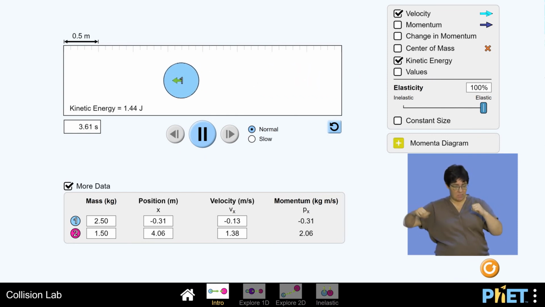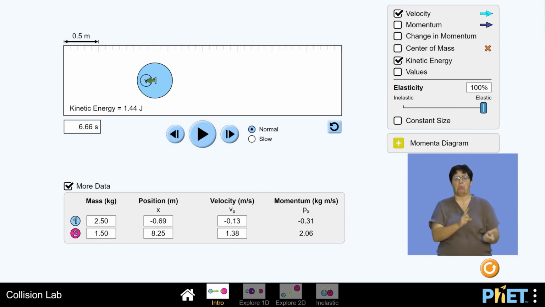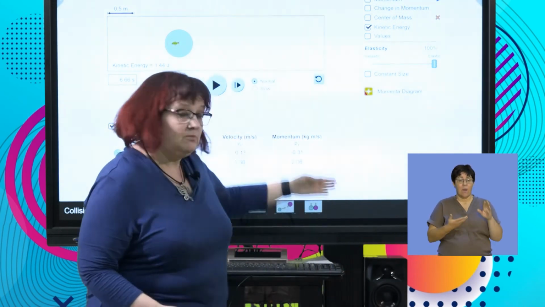The 2 goes off with lots of energy. 1 is going very slow now because 1 was very big. The total momentum stayed the same, and the total kinetic energy stayed the same. So before the collision, we had a total kinetic energy. After the collision, we have a total kinetic energy, and it remains constant.